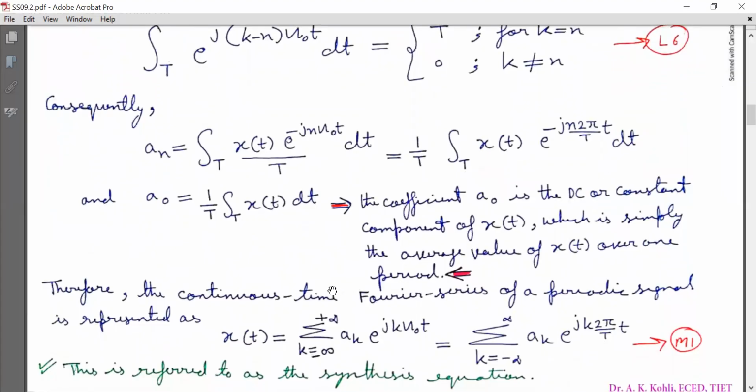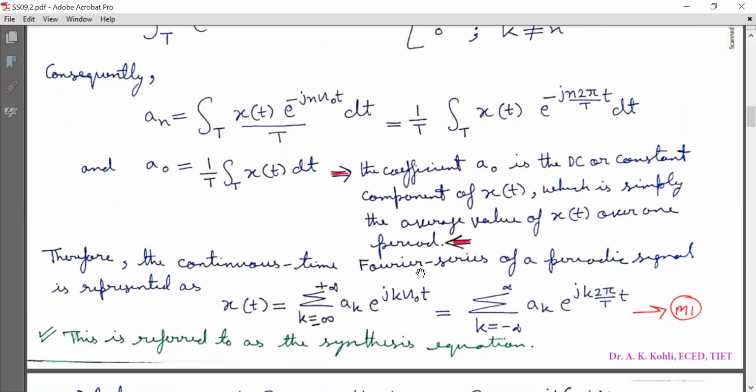Now we need to determine the coefficient a naught first. So we will substitute n is equal to 0 here, and this will make this term 1. So that leads to a naught is equal to 1 by T integration over a period of capital T x(t) dt. The coefficient a naught is the dc or constant component of x(t), which is simply the average value of x(t) over one period.